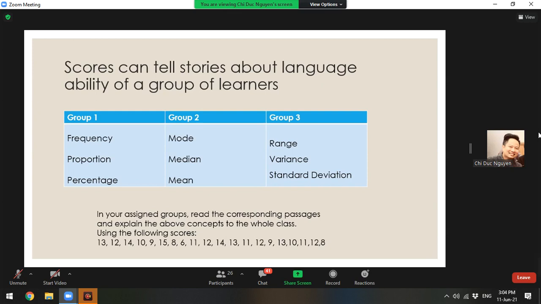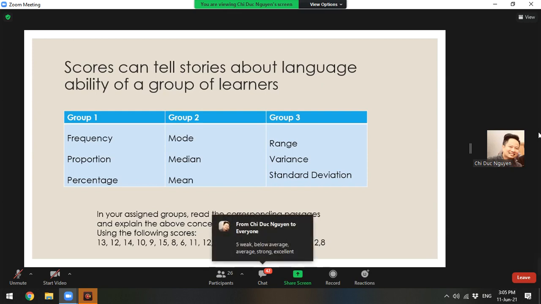The first one, weak. The second one, below mean, below average. Average. Strong. And excellent.